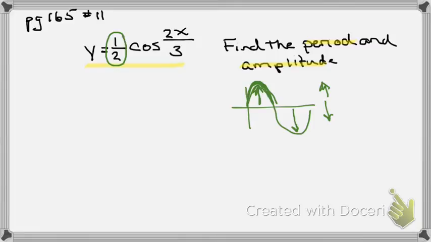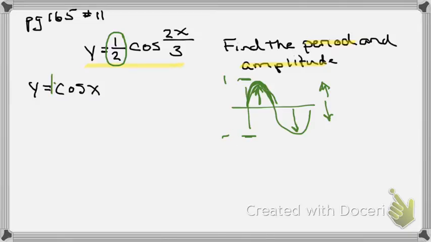amplitude. And so, if we think about a normal parent function, y equals cosine of x, we'll realize that the amplitude, or that coefficient on cosine, is really a 1 normally, which makes sense because that's why cosine typically goes up to 1 and down to -1.